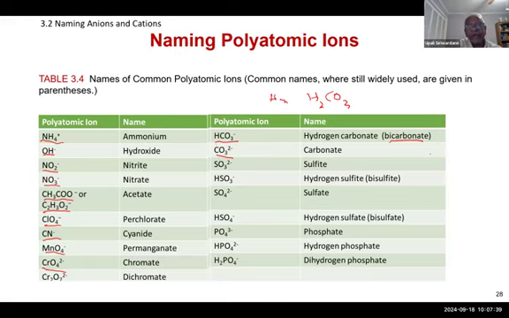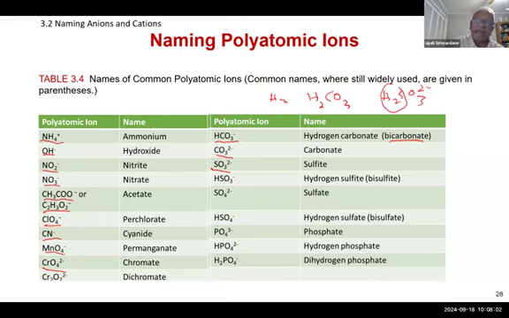From sulfurous acid, which is H2SO3, that's sulfurous acid. Sulfite ion is formed when it loses 2 hydrogens, it becomes 2 negative.